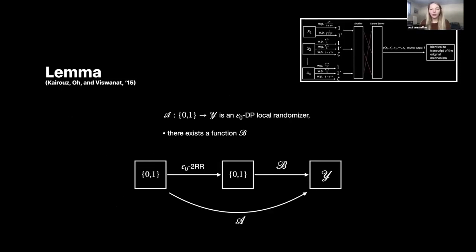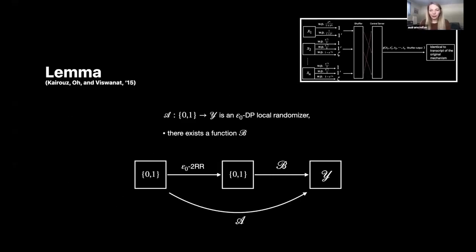So the first thing I want to do is look at what x1 and x1 prime are doing and establish that that is a reasonable thing for them to be doing. And I'm going to use this lemma from Kairouz, Oh, and Viswanath, 2015. As you may have heard of it if you're familiar with differential privacy, it basically says that any differentially private algorithm run on binary data is essentially just binary randomized response.